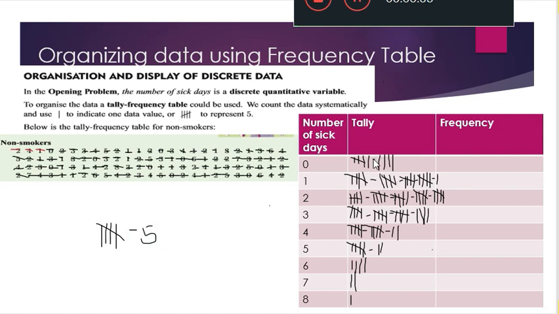The short horizontal lines are actually separators, so that it's easier for us to count the frequency, the total tally. Here, this is 5 plus 4, so the frequency is 9. This one is 5, 10, 15, 20, 21. And then 5, 10, 15, 20, 25.